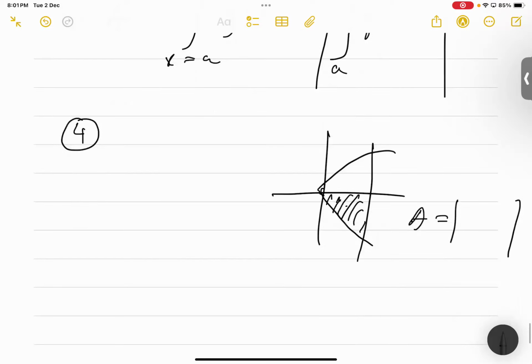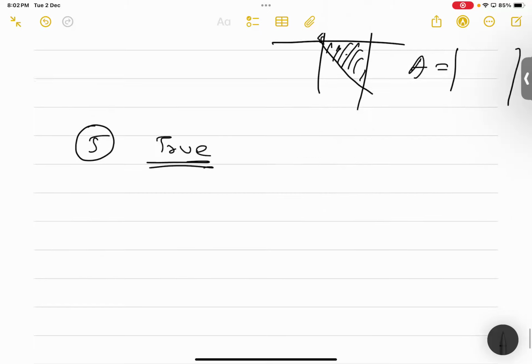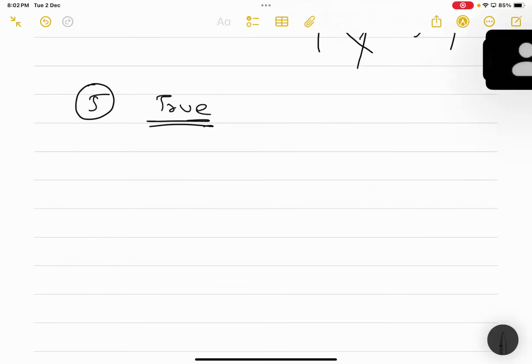Strange. Okay. Question number 5, take it as false. No further discussions. There is a bit of ambiguity, but let it go. What about the fifth one? The area of the portion lying above the x-axis is positive. True. If above, then it should be positive, but then the area cannot be negative. Okay. Now only one thing is remaining over here.